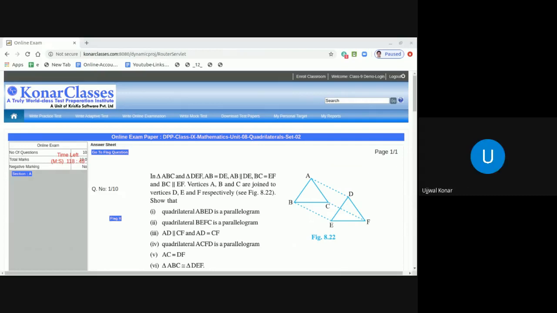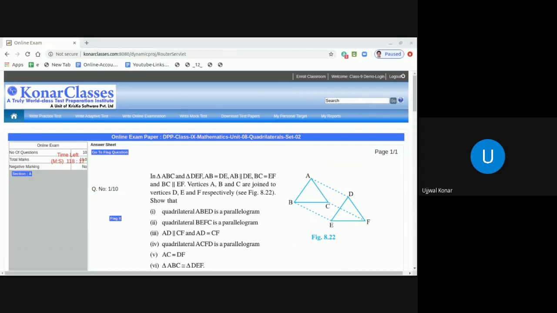What I'm talking about is that in the next mathematics class, we will be discussing the midpoint theorem. The midpoint theorem is very important. But before the midpoint theorem, you need to go through the class notes of today and the video lectures once more, very minutely.